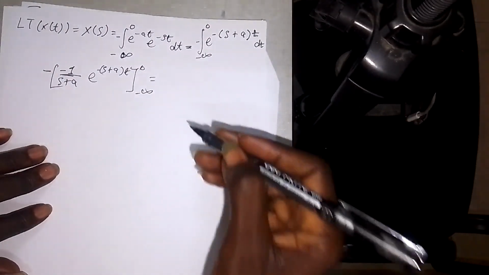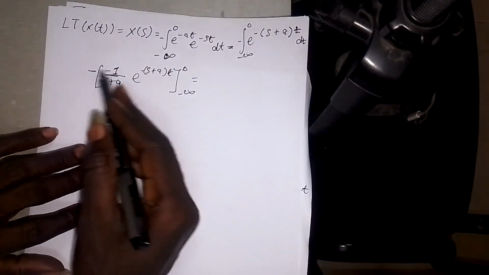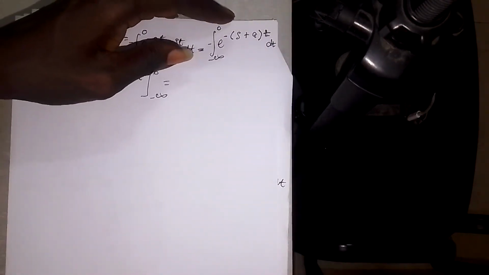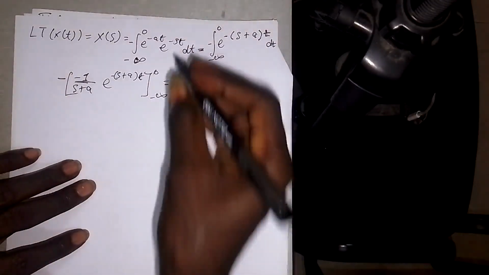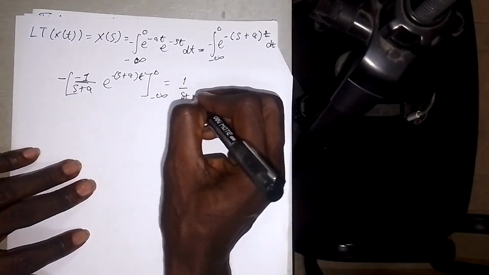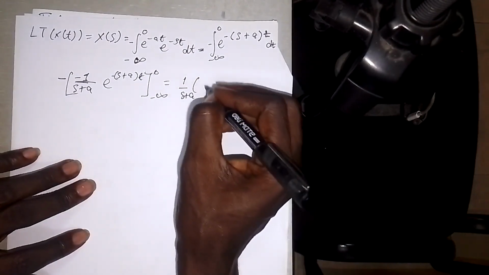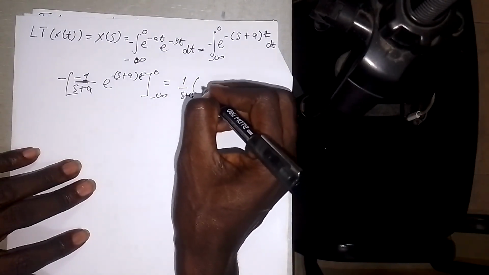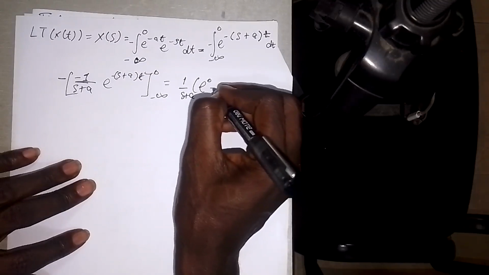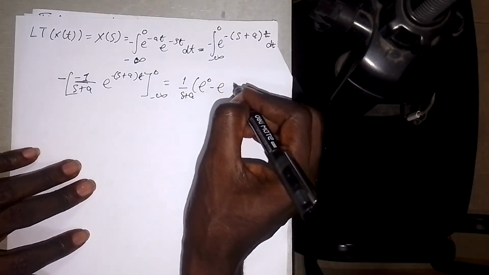Now I'll just introduce my limits. Here I'll have positive, because negative will make it positive. So I'll have 1 over s plus a, into e exponent 0, minus e exponent the lower limit.